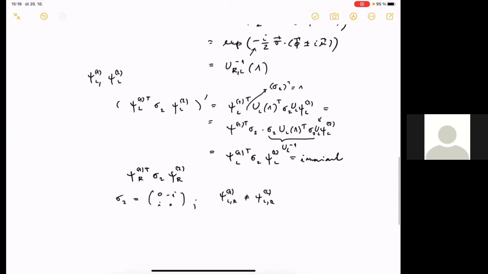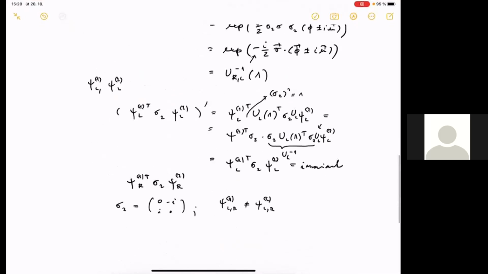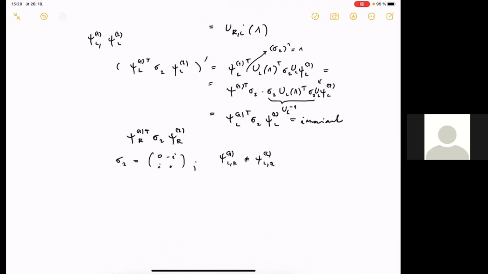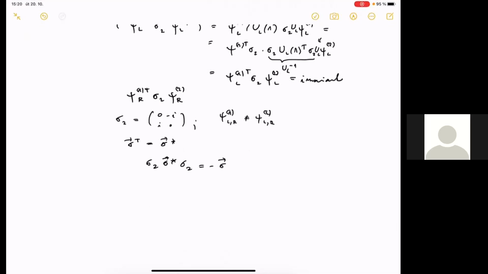We can rewrite this formula also in another way, using the fact that these sigmas are Hermitian. So sigma transposed is sigma star, the complex conjugated. So we can obtain a similar relation with complex conjugated sigma matrices. And this can be used to show that in fact there are no other two-dimensional representations beyond the left-handed and right-handed spinors.